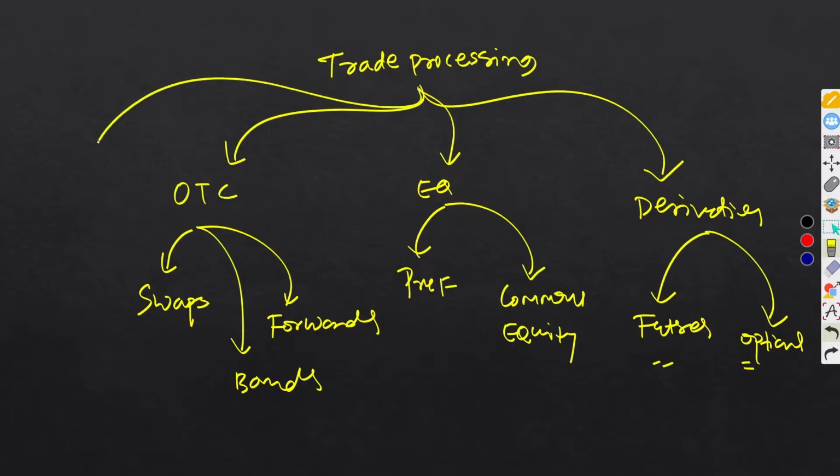One thing that we haven't mentioned is maybe money market or fixed income. You would see the trade processing structure like that, and those particular teams, OTC, equity, derivatives, take care of different financial products and ensure that those products are recorded in the books of fund in a timely manner.